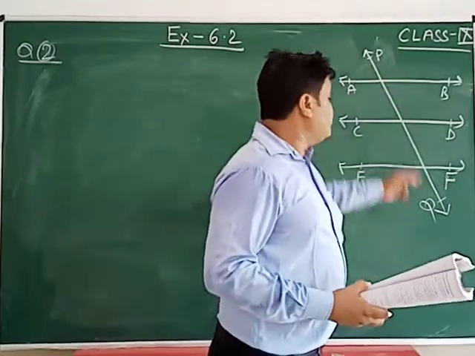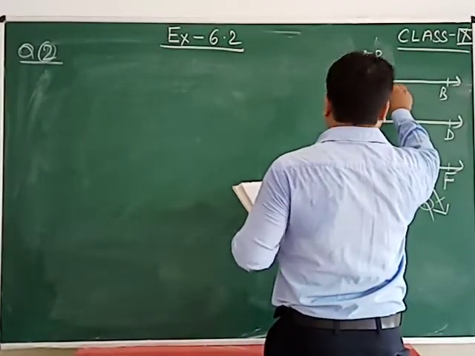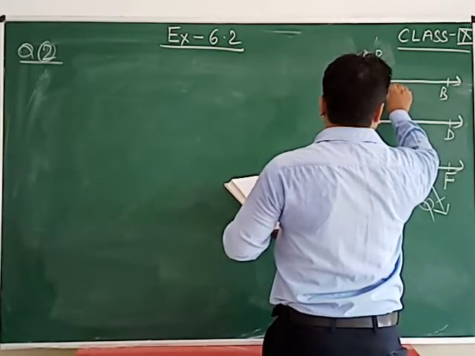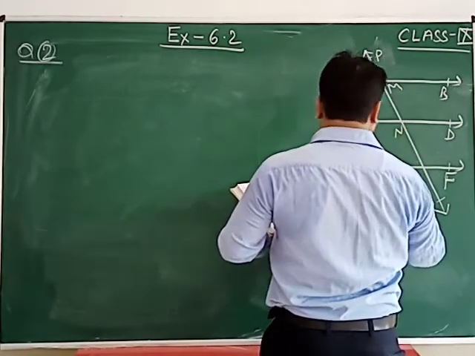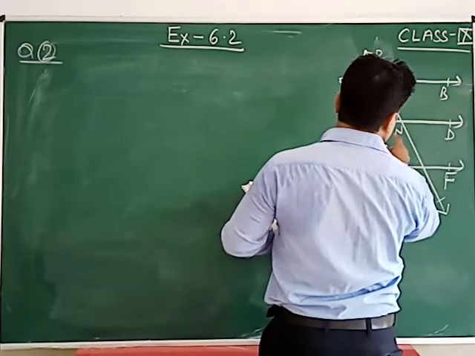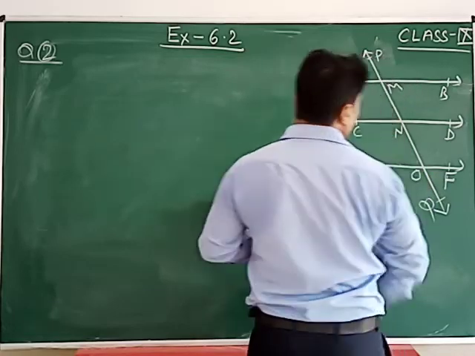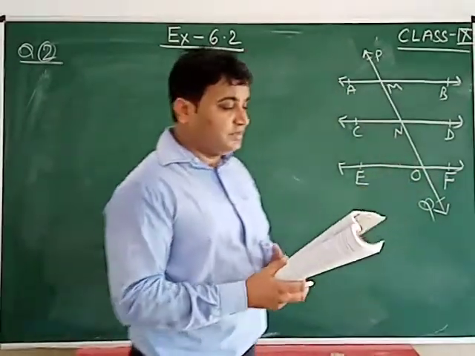So this line is PQ. Give names to the intersecting points M, N, O. These are the intersecting points of these lines.